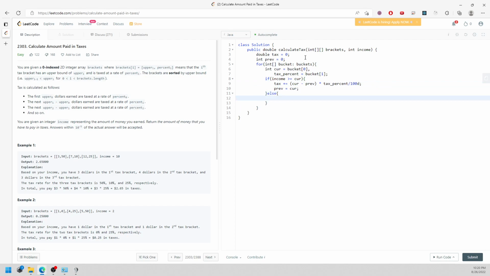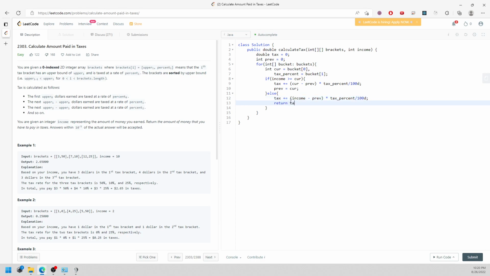Once your current is more than the income, which is 12 for example, then you need tax plus equals the income, which is 10, minus the previous one, which should be 7. So it's income minus the previous, multiplied by the tax percent, divided by 100.